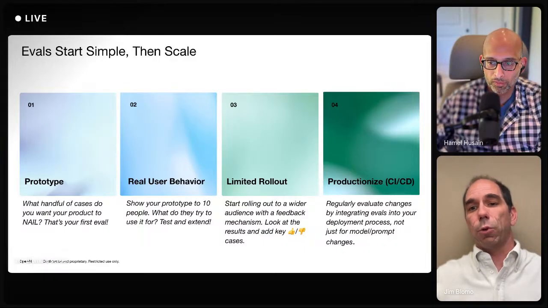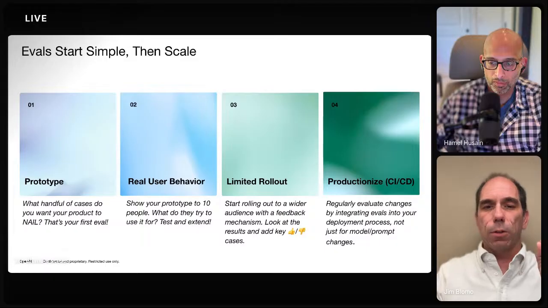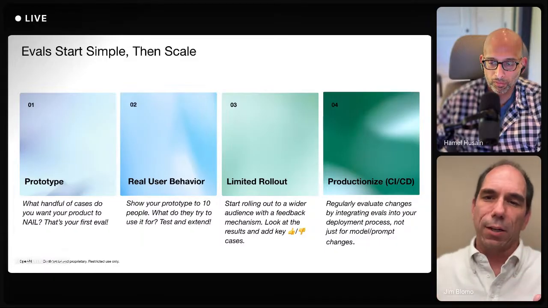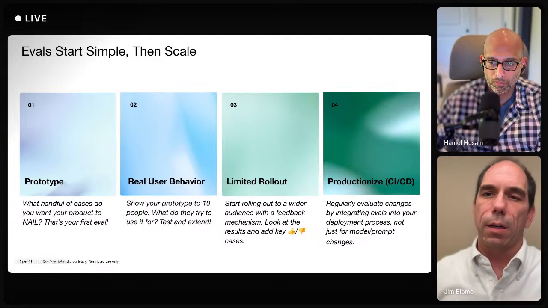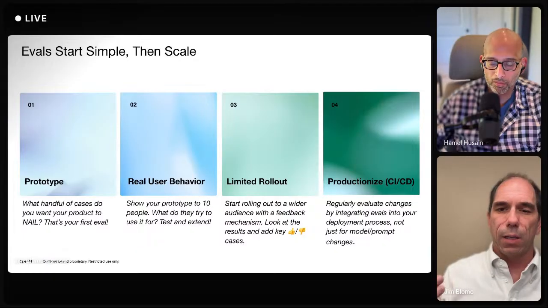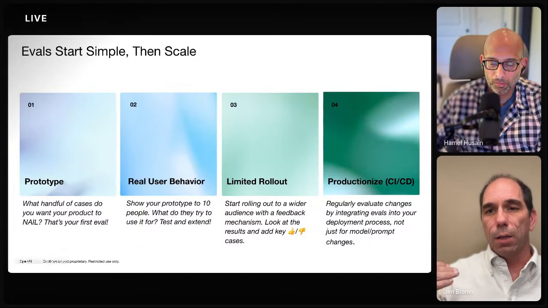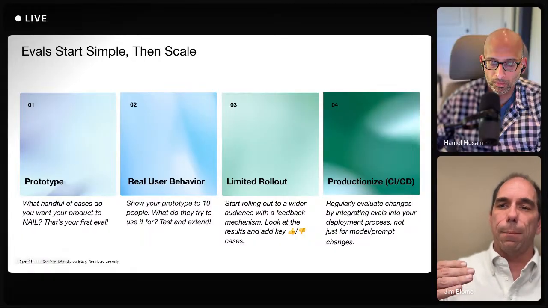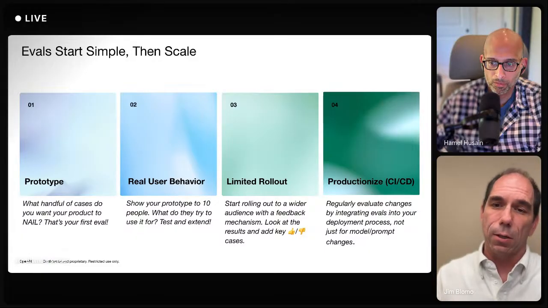And then the limited rollout. The difference there between real user behavior and limited rollout is that you're not really supervising, you're not showing someone the laptop and understanding what they're trying to do. You're trying to collect larger scale feedback. In the limited rollout step in your product, it's really important to have a way for users who are not sitting next to you to still give you feedback.